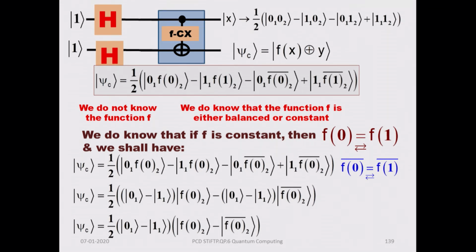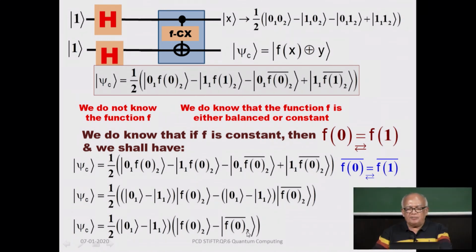So, you can just substitute these values and you can see that this state can be factorized between this |0> minus |1> and f0 in the second qubit. So, this is one bracket, these two terms, and this is the other bracket. You have been able to factorize it, one of which is a vector which you are familiar with. You have met this qubit on the Bloch sphere.